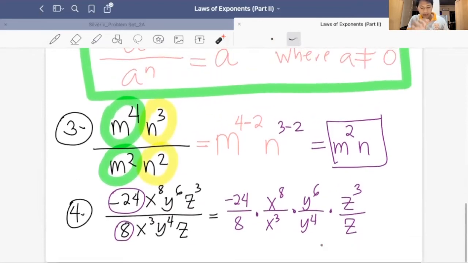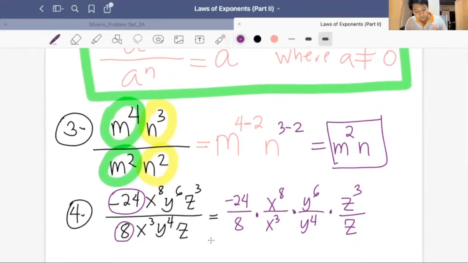So in this case, class, we have negative 24 divided by 8, that is just negative 3. For x, the exponent of our numerator is 8, and we have to subtract the exponent of the denominator, which is 3, so 8 minus 3.